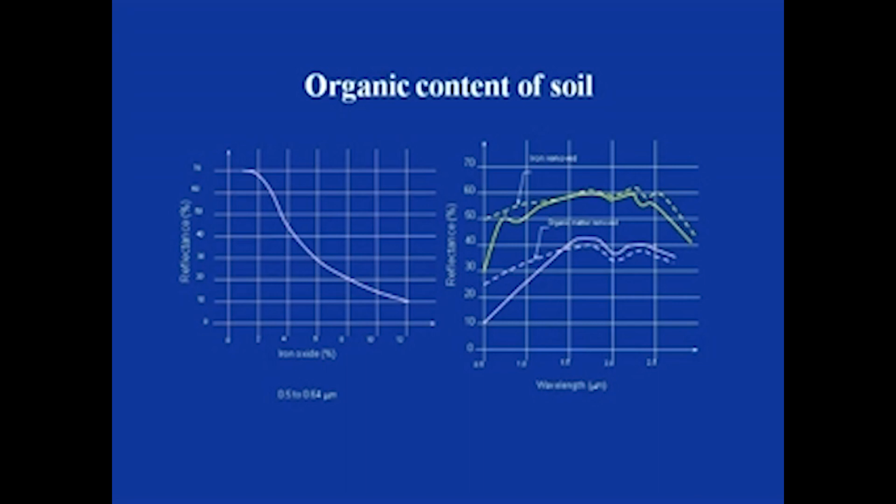By and large, it is found that when iron and organic matter are removed, within the visible and near infrared region, there is an increase in the reflectance characteristics. However, in the case of iron oxide, it is observed that there is a rise in the reflectance beyond the near infrared region, but in the case of organic matter, the reflectance decreases.